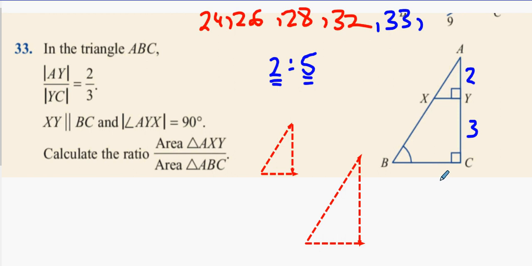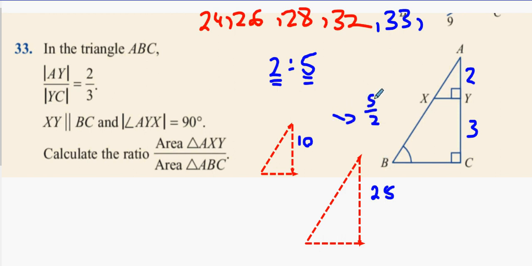For argument's sake, if this was a length of 10, what would be the length on the other one? You divide by 2 and multiply by 5. 25. I'm allocating the heights of 10 and 25, and that'll give you the ratio, 5/2.